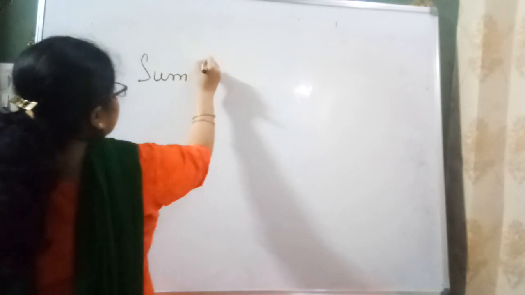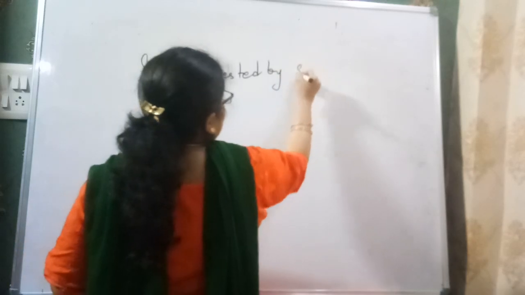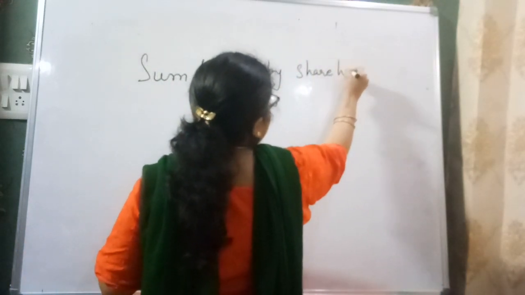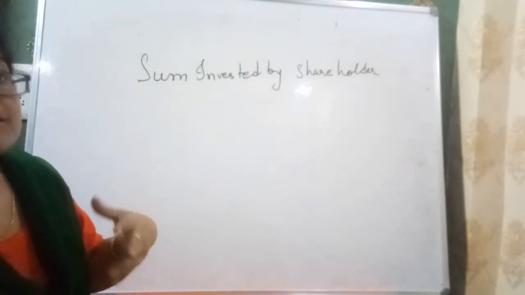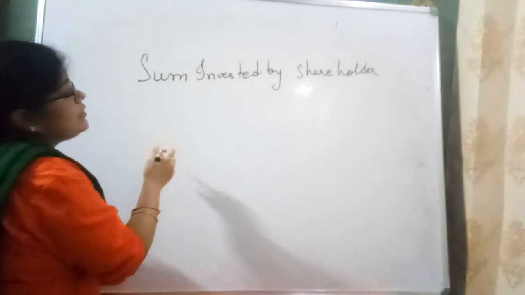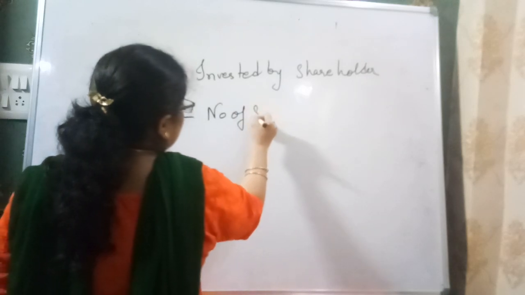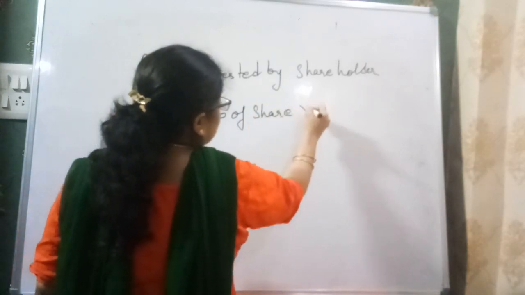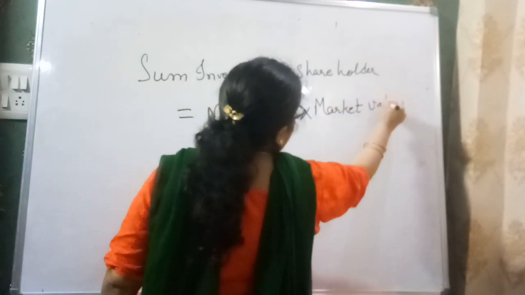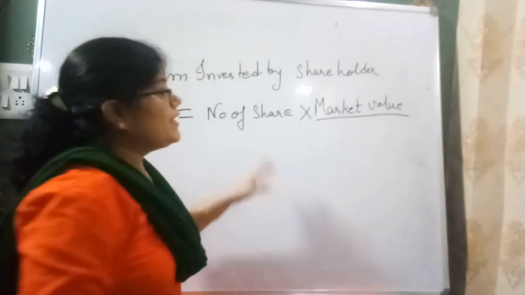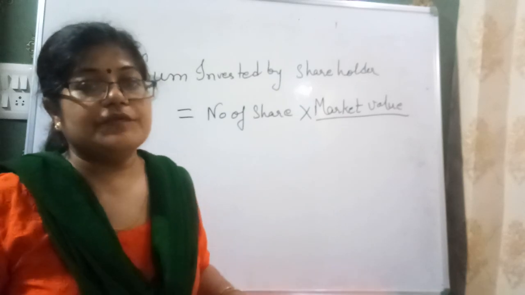Whenever we have to find the sum invested by a shareholder, or the money which is invested by the shareholder to buy the shares, you have to find it by number of shares into market value of share. Must note down, we have to multiply with the market value of the share and not the nominal value of the share.